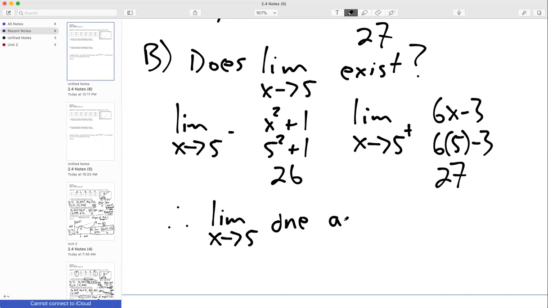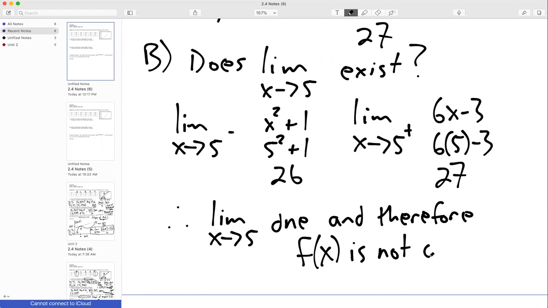And therefore, f of x is not continuous at x is equal to 5.